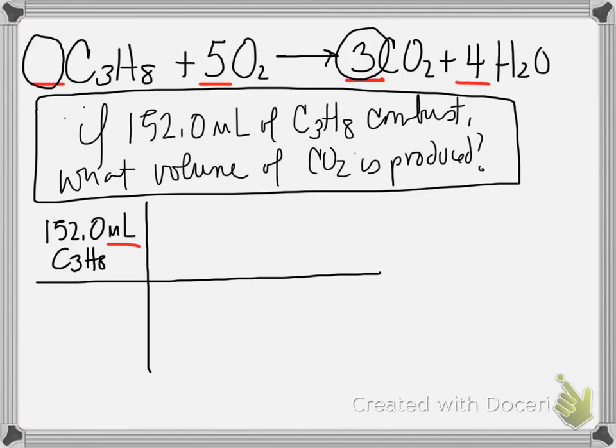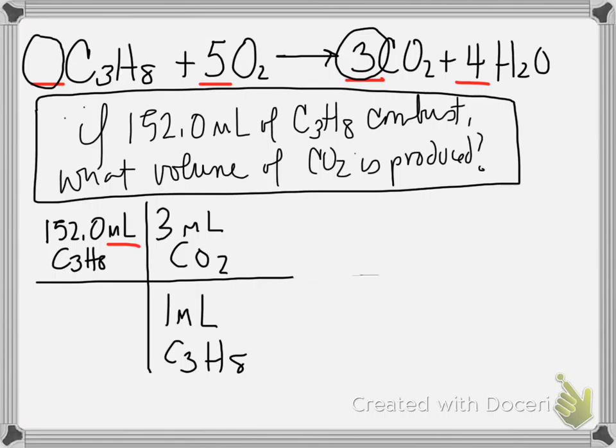You could use cubic feet, though you would get laughed at because this is science. We don't do feet. For every 1 milliliter of propane that combusts, we generate 3 milliliters of CO2. And actually, I can get rid of that because we're done. That's it.